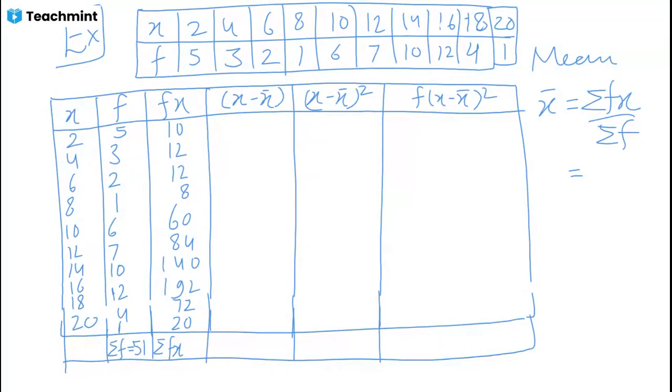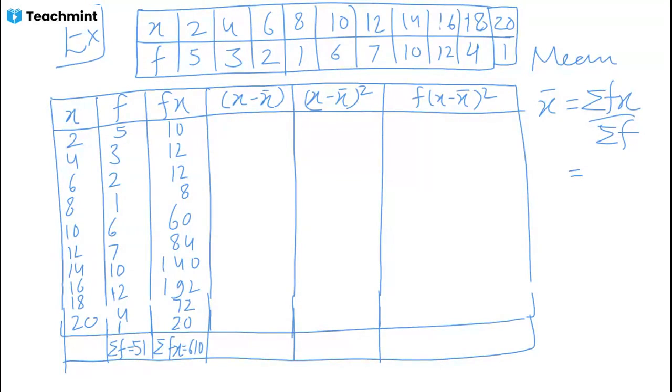Now fx: 10 plus 12 plus again 12 plus 8 plus 60 plus 84 plus 140 plus 192 plus 72 plus 20, that is 610. So we need to just divide 610 by 51.